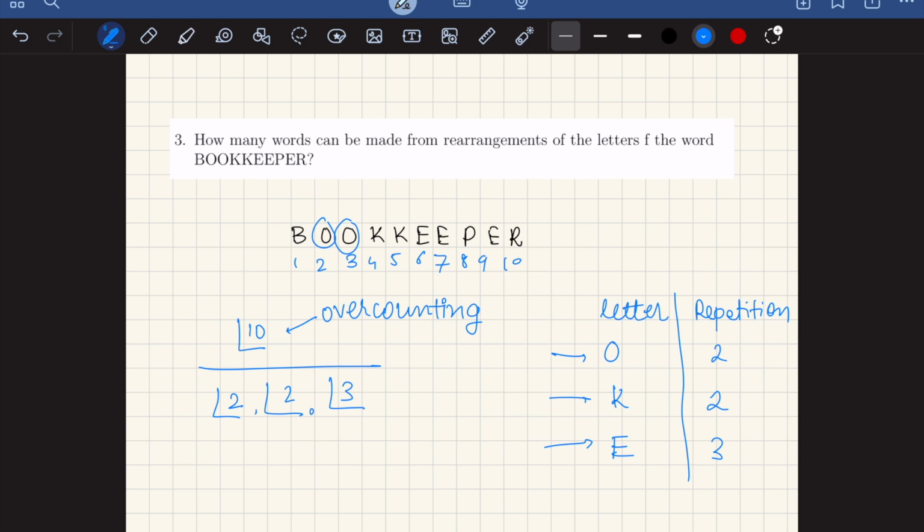Has anybody counted this number? We have used the permutation as in the previous question, right? The same logic we used. Yes, the idea is the same.